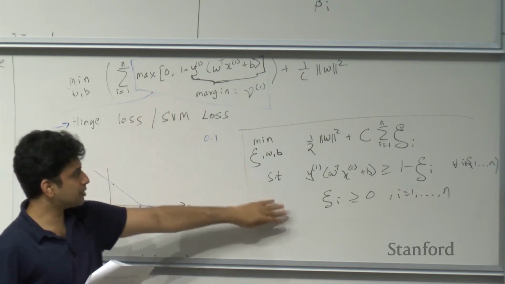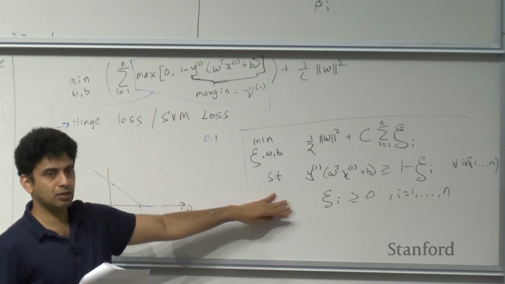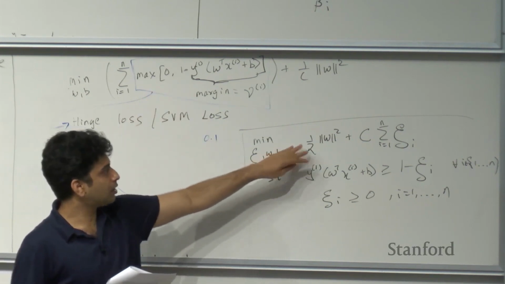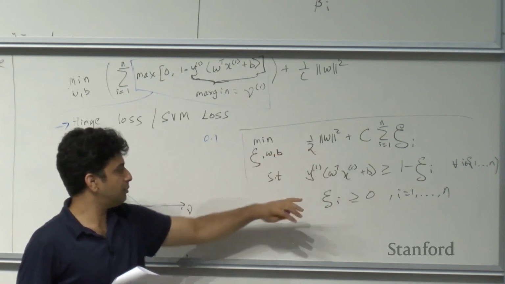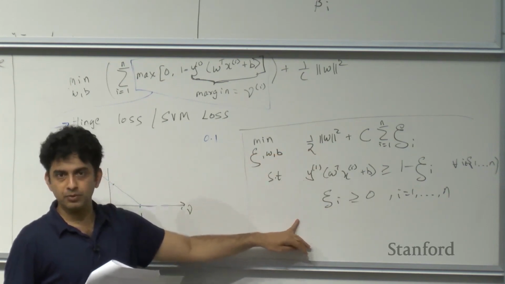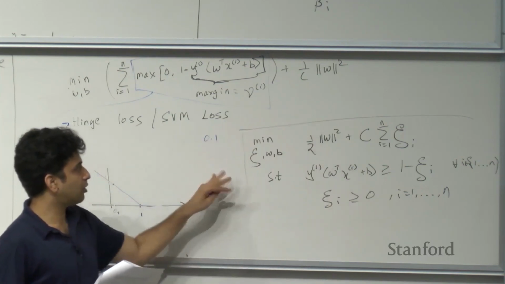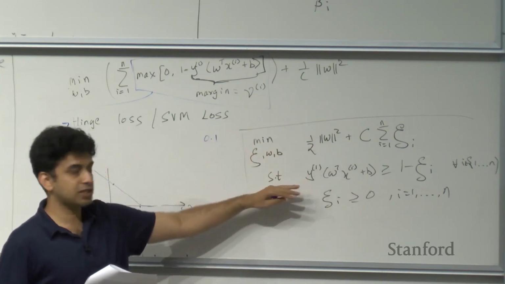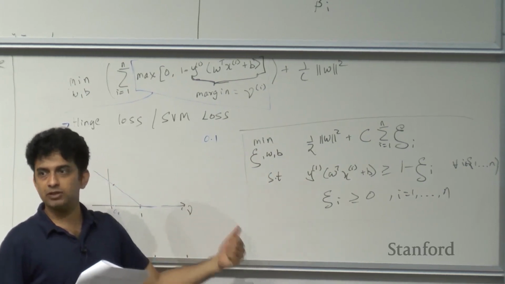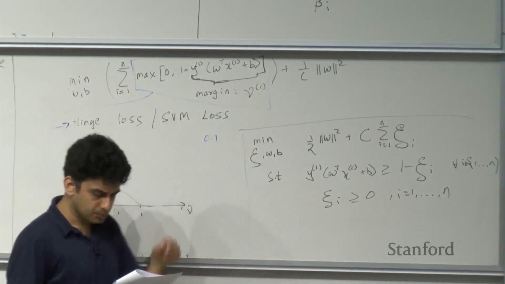Whereas this is what is also called a convex problem, where the loss, the thing that you want to minimize, is convex, and the constraints are convex. And once you have a problem written out in this form where the objective and the constraints are all convex, then there are lots of solvers that can just solve this for you.